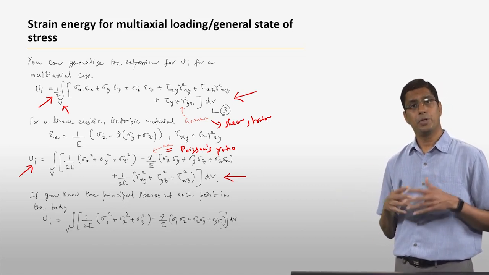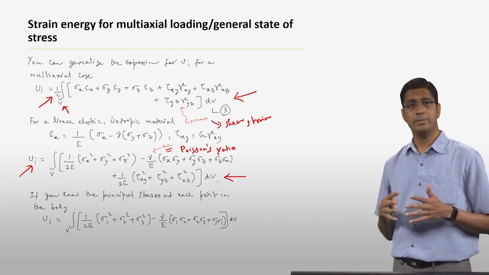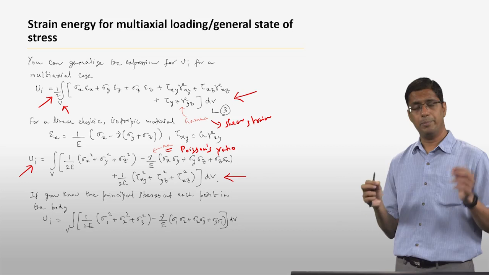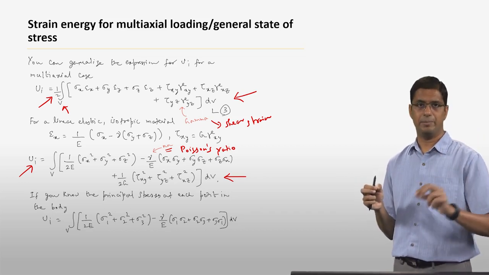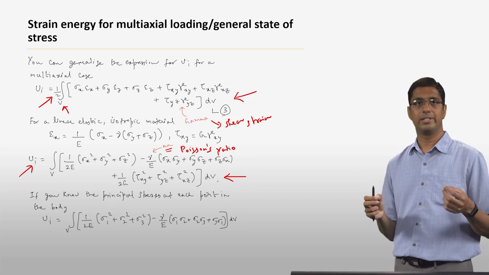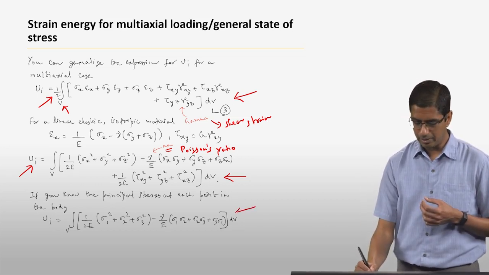Now, you can also write the expression for Ui in terms of the principal stresses. Suppose somehow you know the principal stresses at every point inside the body. Then you can write the expression for Ui just using the principal stresses.